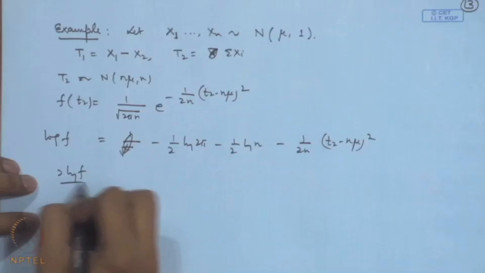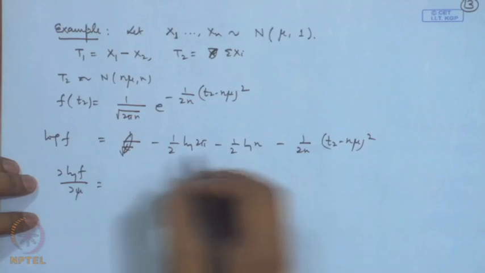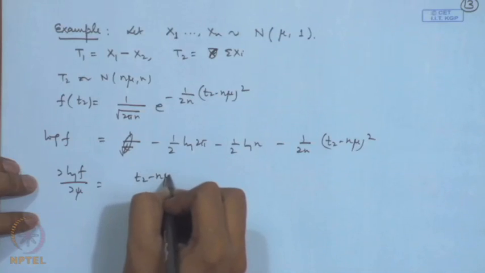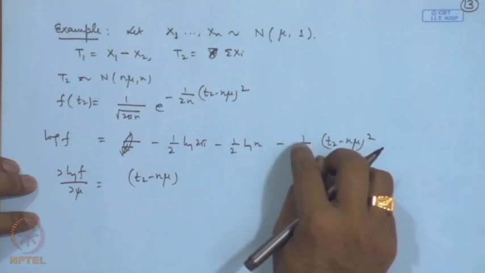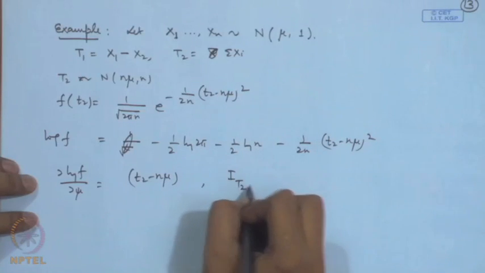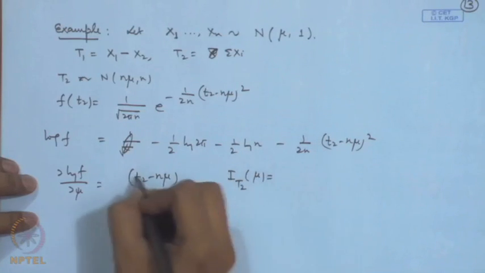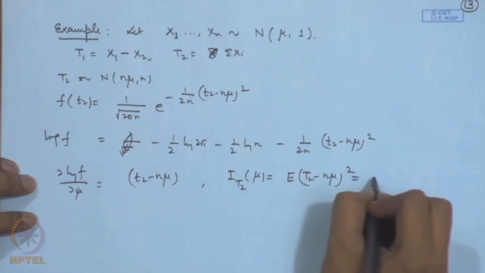So, del log f by del mu will be equal to T2 minus n mu, because I get a minus n and a minus 2n here, which will cancel out. So, the information in T2 will be equal to the expectation of (T2 minus n mu) square, which is equal to n.